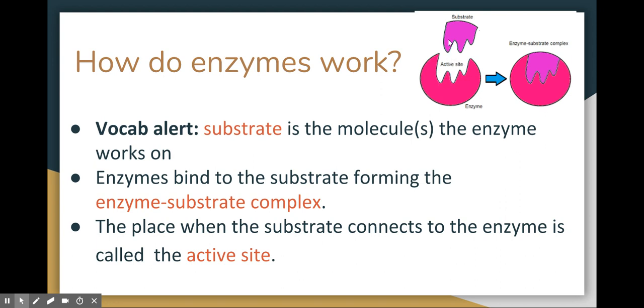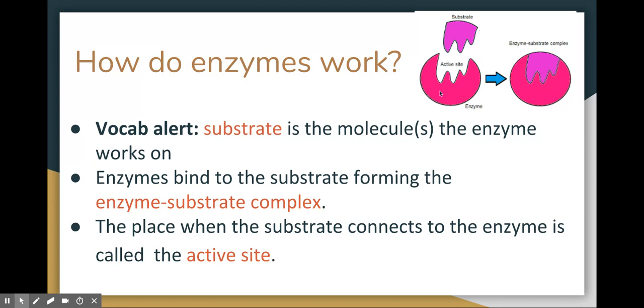And if we look, my active site on my enzyme perfectly matches up to the texture and shape of my substrate, the molecule it works on. What's going to happen, and this is how all enzymes work, is the substrate is going to bind to that active site. So it's like they dock together or fit together perfectly, just like puzzle pieces. And they form something called the enzyme substrate complex.